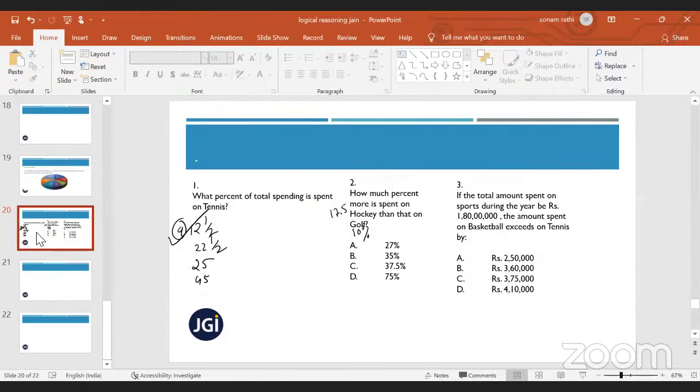How much more is spent? So what is the difference between 17.5 and 10? 7.5 upon golf, so upon is golf into 100. So 7.5 into 100 divided by 10, 75.